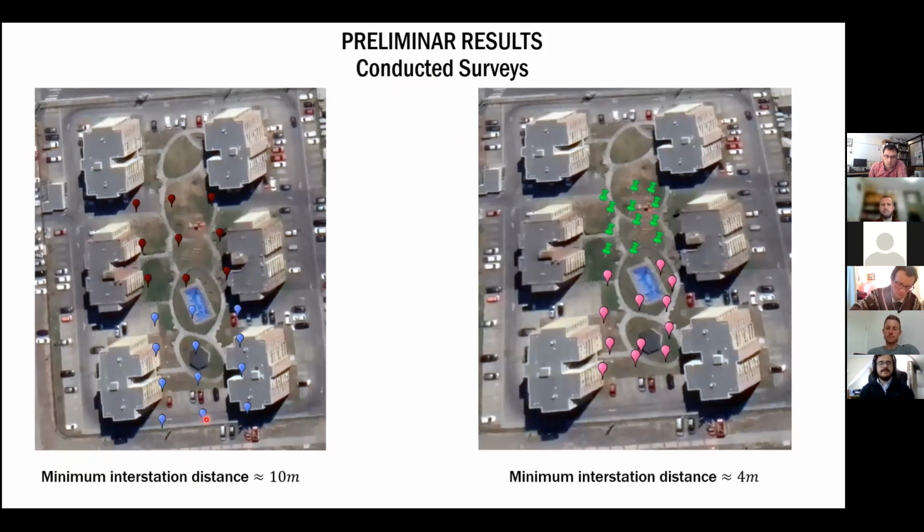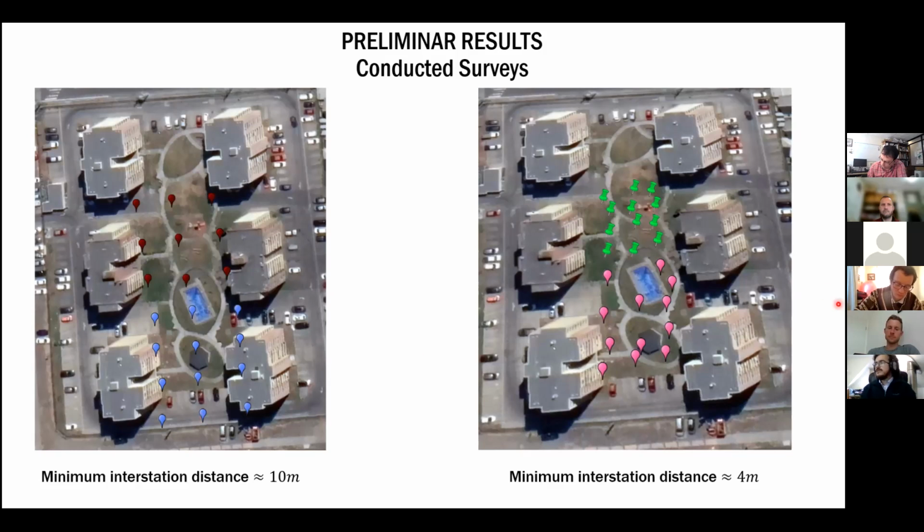But a suggestion from the committee was that, firstly, the minimum interstation distance was too high to get data in the high frequency noise, and also having a constant interstation distance will be kind of redundant, and having more variable interstation distances will allow us to image the subsurface in a more precise or dense way.